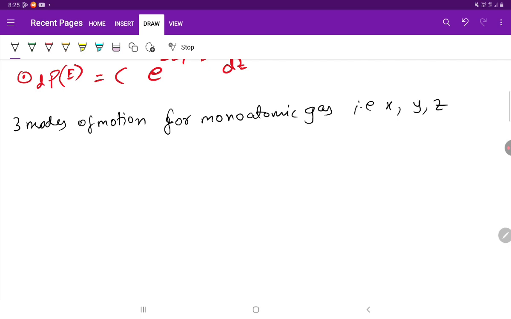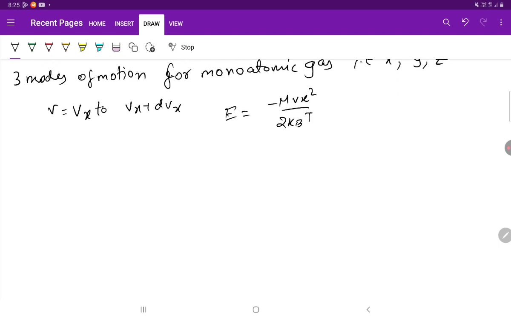There are three modes. Then can you tell me the probability that a particle has velocity between vx to vx plus dvx? If you want to find a particle in the bulk with velocity from vx to vx plus dvx, then the kinetic energy term will be mvx square by 2kBT, where kB is the Boltzmann constant.